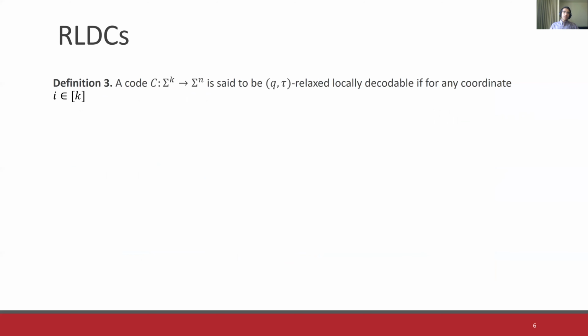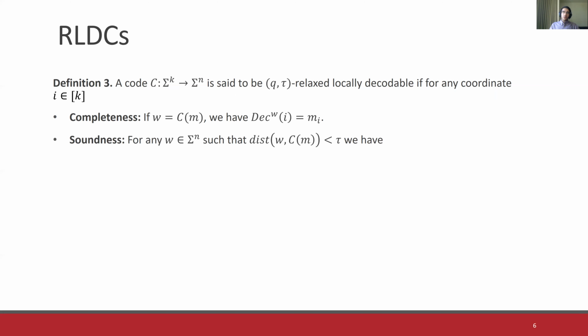So more formally, an RLDC is basically an error correcting code that admits a relaxed local decoding algorithm with the following properties. If the given word is a code word, it is not noisy, then the decoder always decodes the ith coordinate with probability 1.